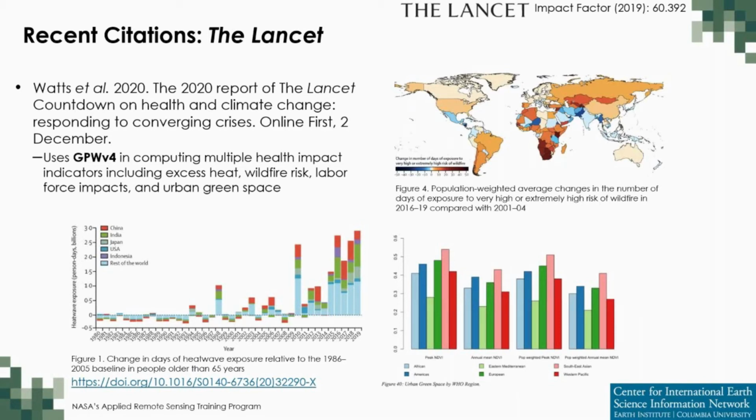And in this particular case, it was kind of a broader assessment of health and climate change impacts. And what is noticeable is that in several different health hazards, heat wave exposure, wildfire exposure, and changes in urban green space, the population data is important in highlighting those kinds of exposures and vulnerability.